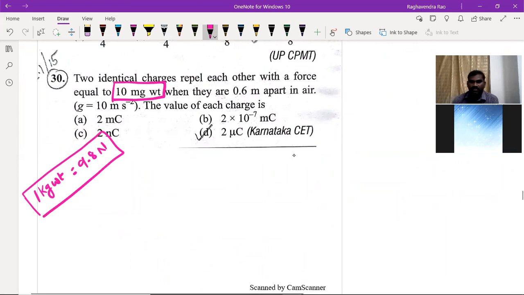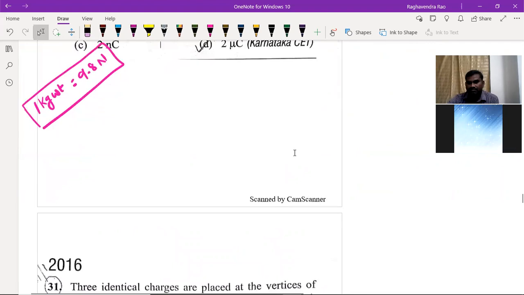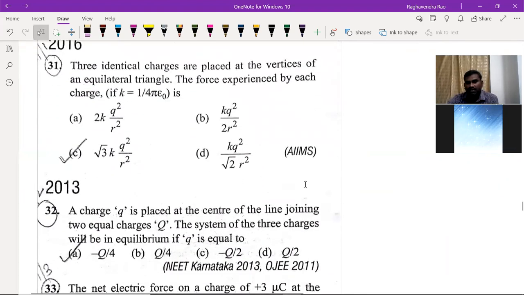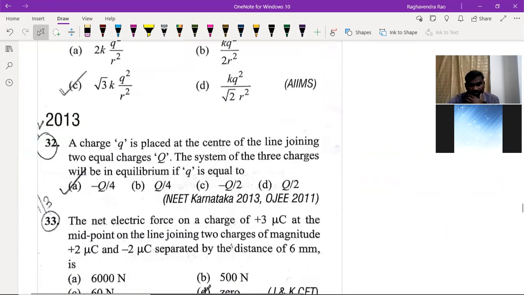By using this relation, we can convert into newtons, then substitute and calculate the value of charge. These are related to force between multiple charges. We will discuss later, after completion of this, we can go further.